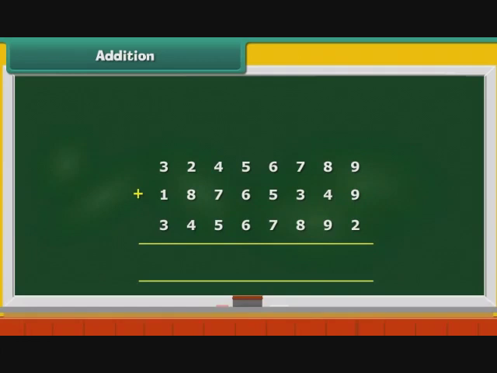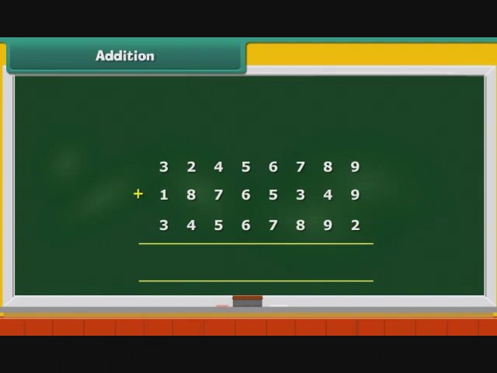We begin with the addition of 3 large numbers: 32456789, 18765349 and 34567892. Draw the Indian place value chart. Arrange the numbers one below the other.